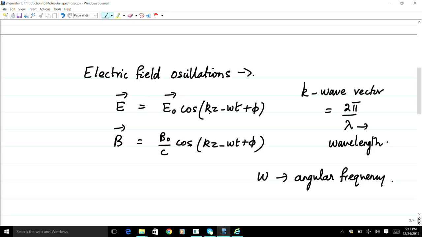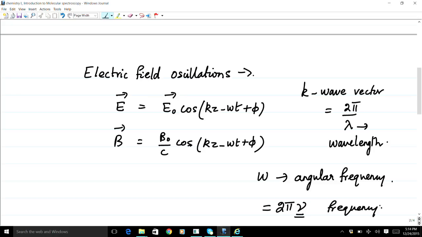k has to have the inverse dimension of z, which is length, and omega has to have the inverse dimension of t, and you can see that the angular frequency omega is given by the formula 2 pi times nu, where nu is the frequency of oscillation.